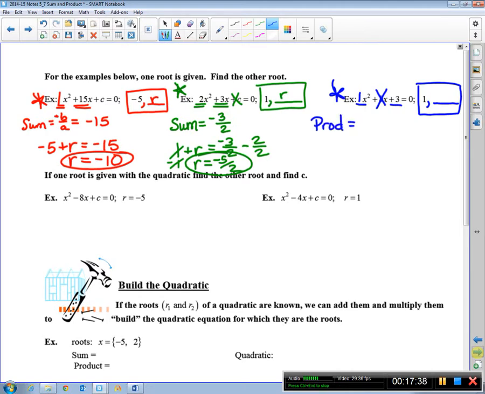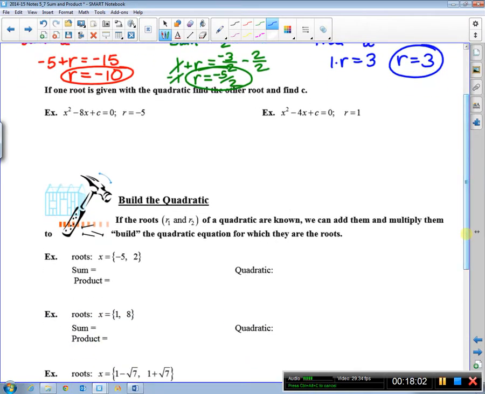And the product of my roots is C over A, so 3 divided by 1 is 3. So I know if I multiply my two roots, 1 times r should give me 3. Well, that's simple. R is 3. And there we go. The other root is 3.